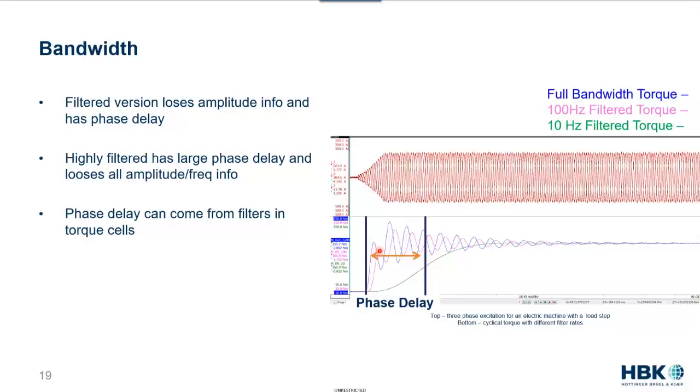The pink signal is showing a 100 hertz filter applied to that instantaneous or full bandwidth torque. What you can see there, of course, every filter results in a phase delay. So you've got shifted time information. You're not going to know exactly when the high maximum torque actually occurred in the system, but you also have a reduced amplitude because of the filter. So we're not having full visibility to the maximum torque that was experienced by the system.